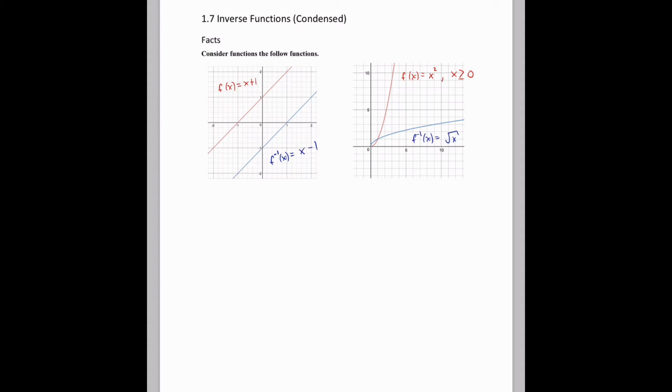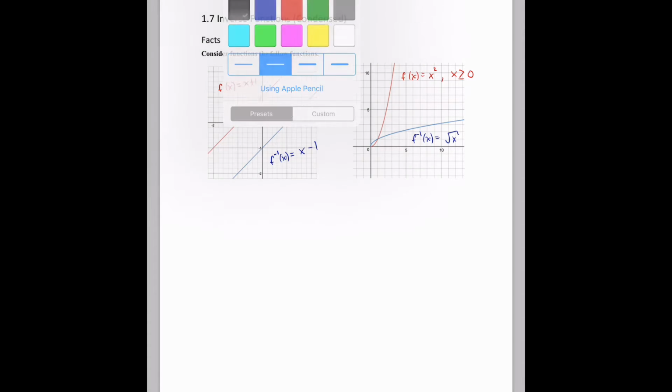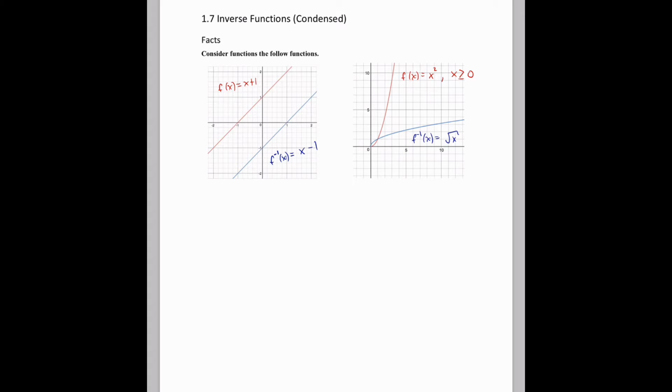So to know if a function actually has an inverse function, your function f must pass the horizontal line test in order to have an inverse function.